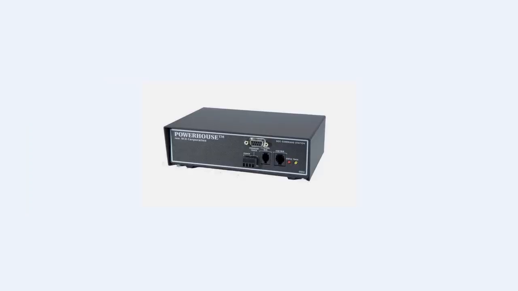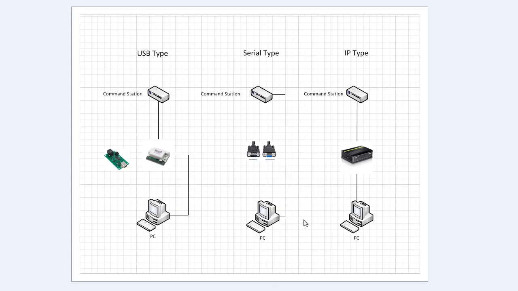And let's look at the basic setup for the computer and the command station. So here you see that I've got three types of interface. You have a USB type, you have a serial type, and an IP type. Now, with the USB type, you use a basic printer interface, the USB connection, and you can see that here.